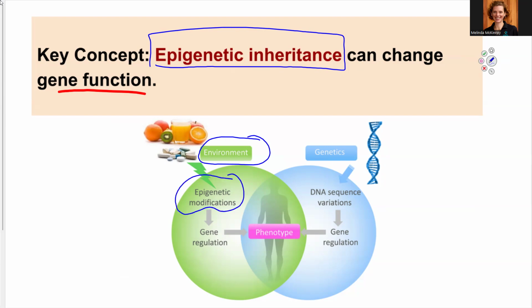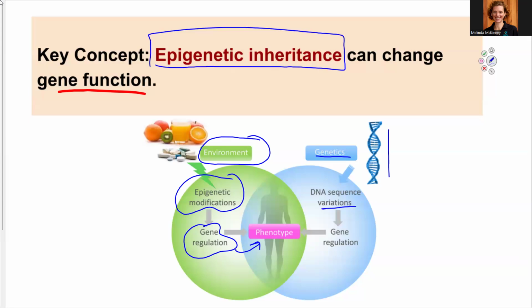how the DNA is packaged, or some extra chemicals that are added to the DNA. And that's going to regulate which genes are expressed and which genes are repressed. And that can change the phenotype or the physical expression. So previously, years ago, it was thought that genes are always just determined by the DNA.